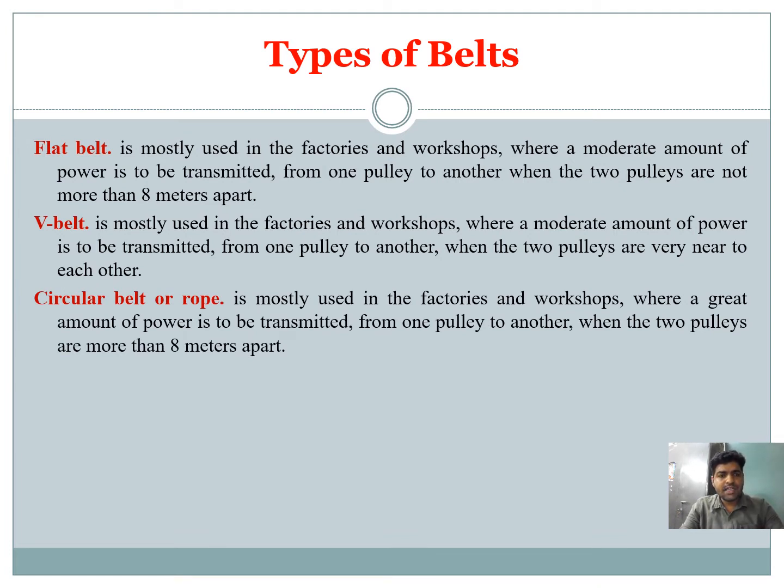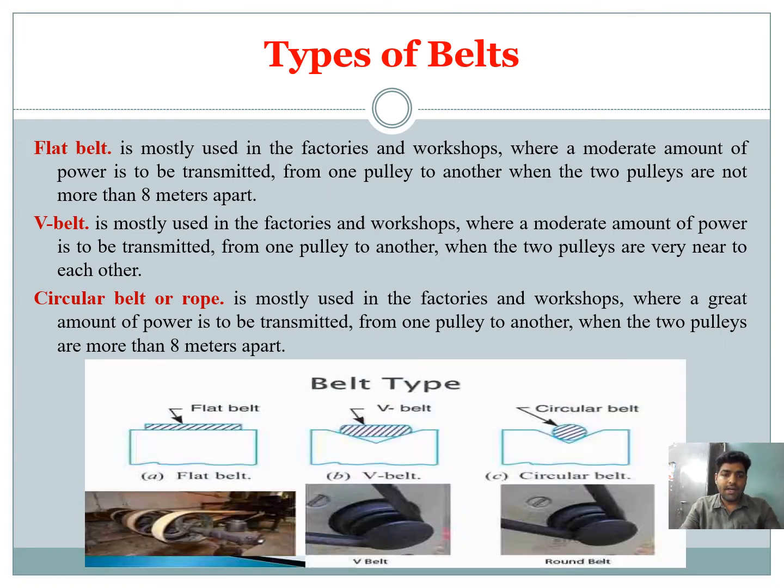These are mostly used in factories where a large amount of power is transmitted from one pulley to another, and when the two pulleys are more than 8 meters apart. These are the flat belts, V belts, and circular belts.